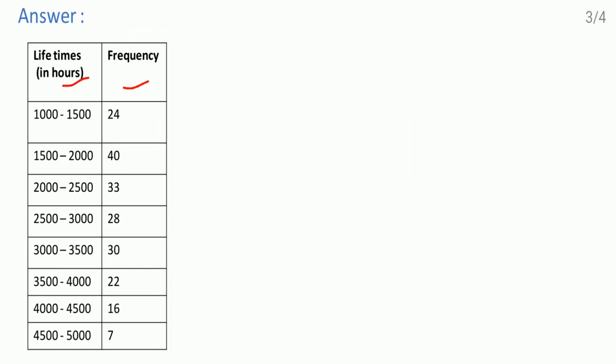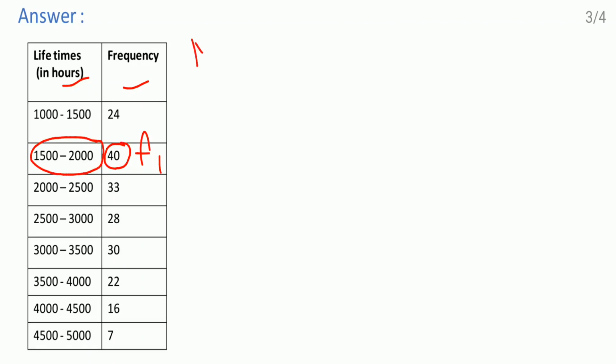To get the mode, first we'll find out which is the maximum frequency. Just look at the second column. So bigger number is which? 40. So this one is our F1 and this class is the modal class.